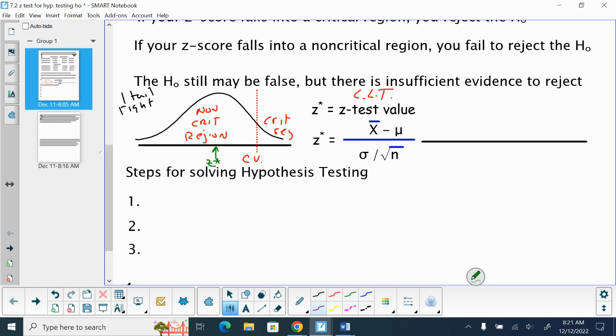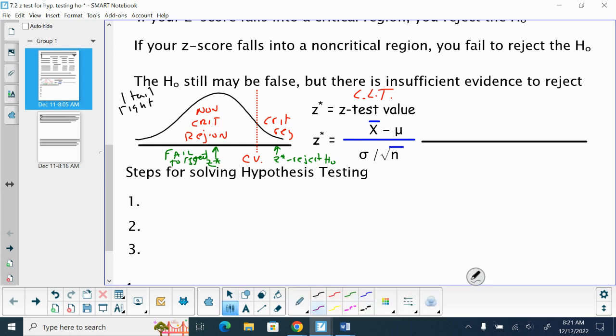If our test value falls in here, we fail to reject. If it falls over here, we reject the null hypothesis. So we have this critical value that we get from our table. We do a test value and determine which region I fall in. If I fall over here, I fail to reject. If I fall over here, I reject.